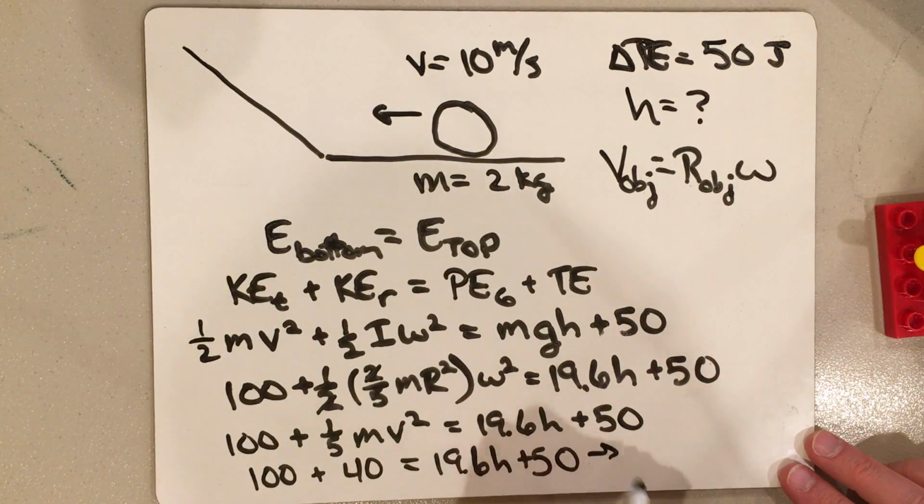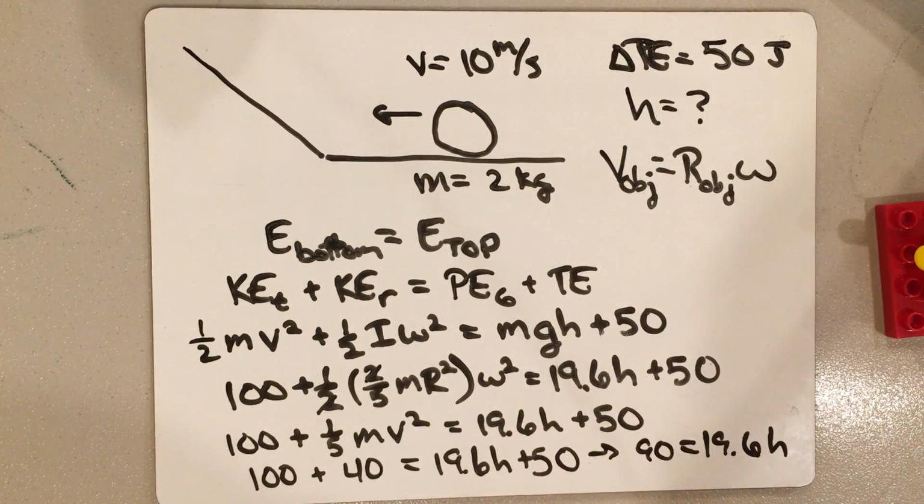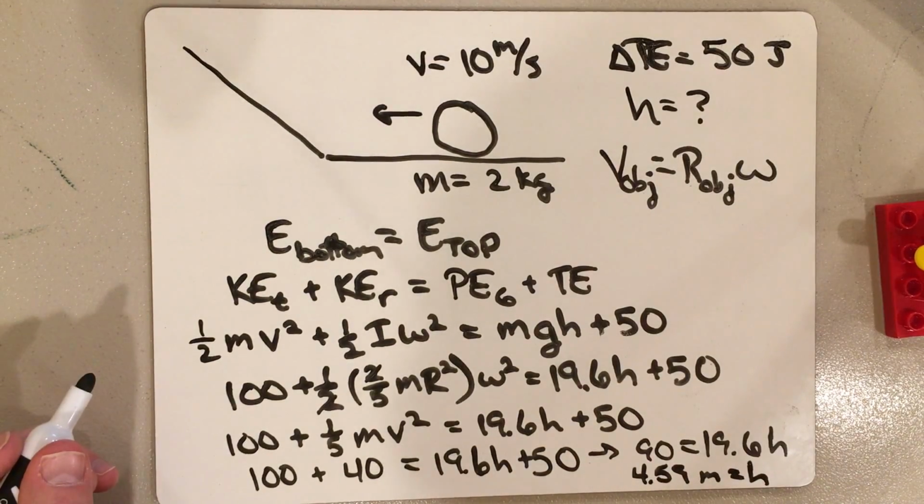That's going to give me 90. And then, of course, we just do the division, and I get that h is going to be 4.59 meters, approximately.